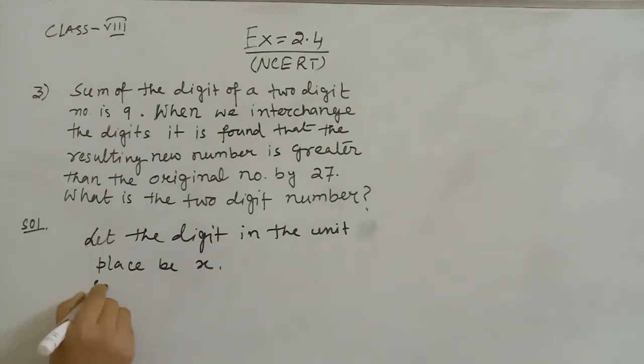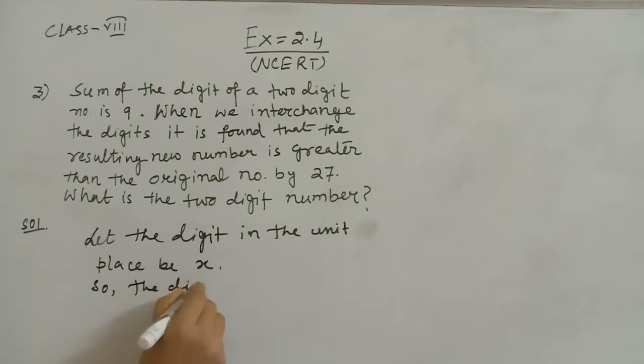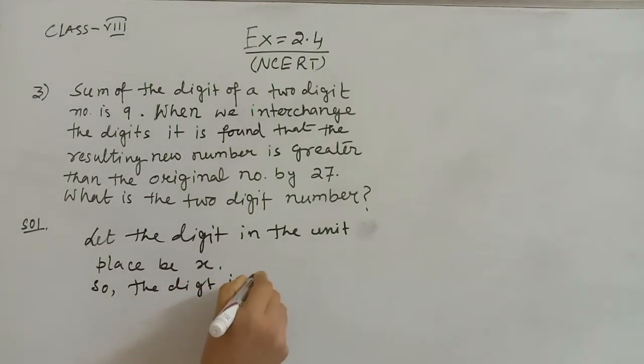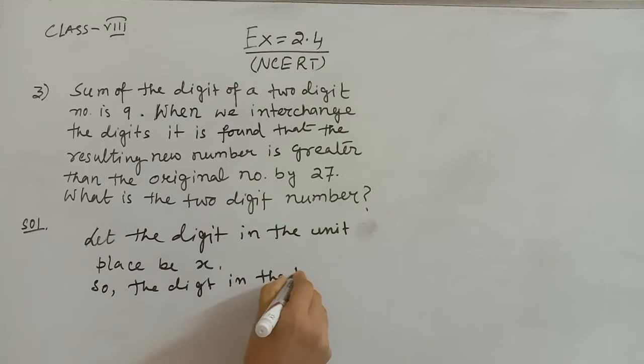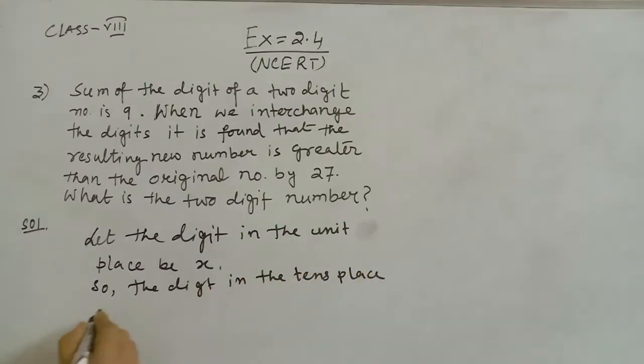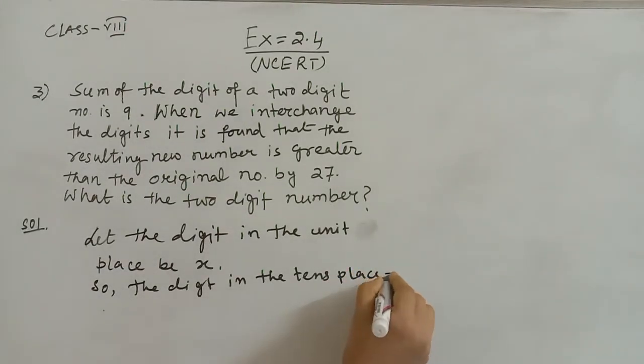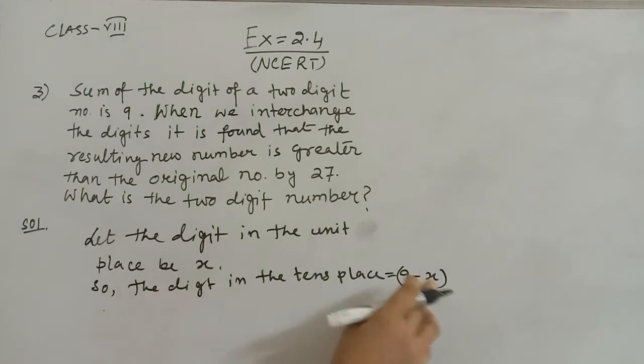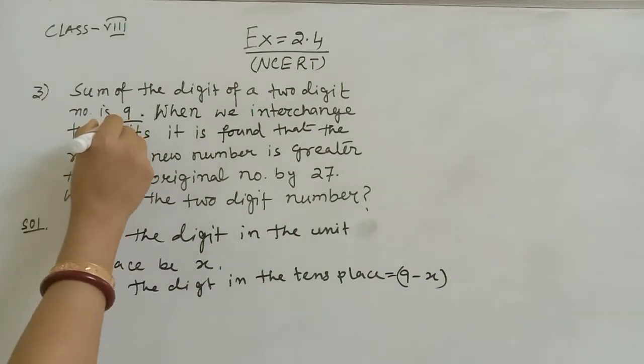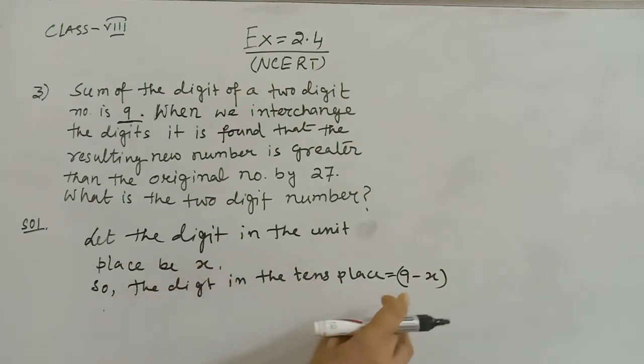So the digit in the tens place is equal to 9 minus x. Why? Because the sum of the two digits is 9. As it is 9, if one number is x, then the other number must be 9 minus x.